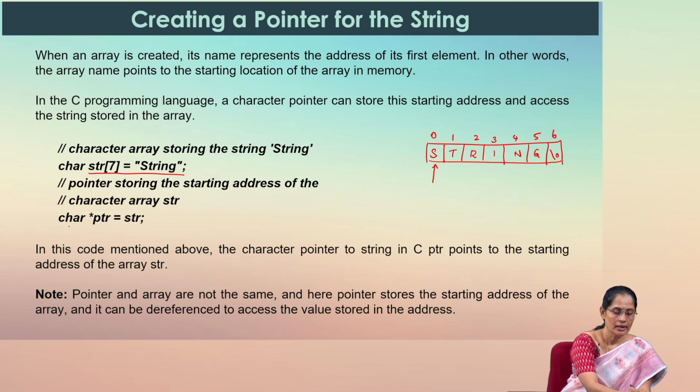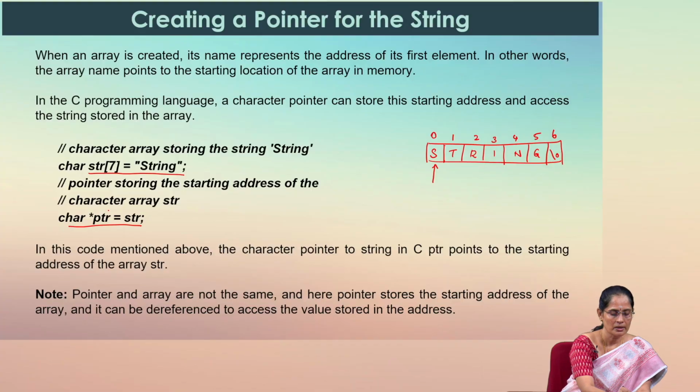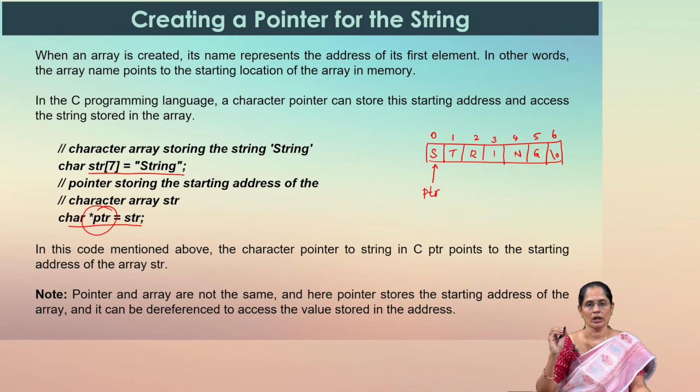I am creating a character type pointer and assigning it the address of str. Even though str is a character type array, it is enough to store just the name of the character type array as input to the pointer variable. Now, this pointer variable ptr will be pointing to the first location of the character array or string.